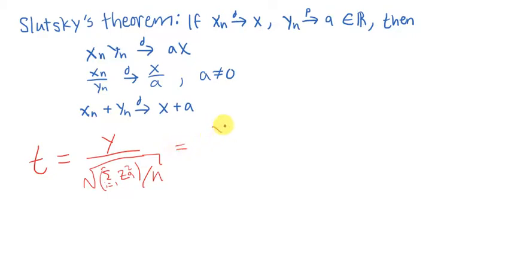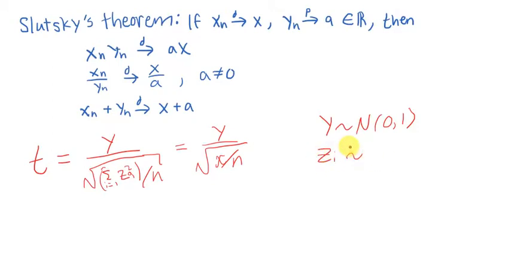Another way to think about that is Y over the square root of a chi-square random variable divided by its degrees of freedom. In this case, Y is a standard normal, and Zi is IID standard normal for all i.